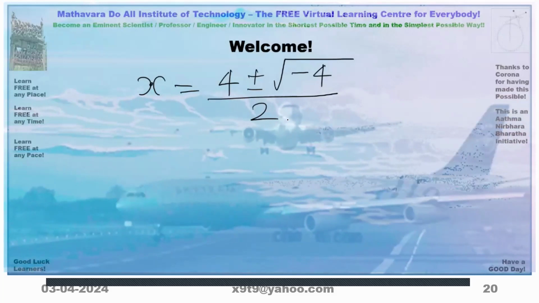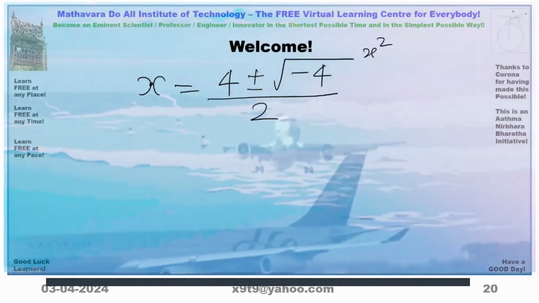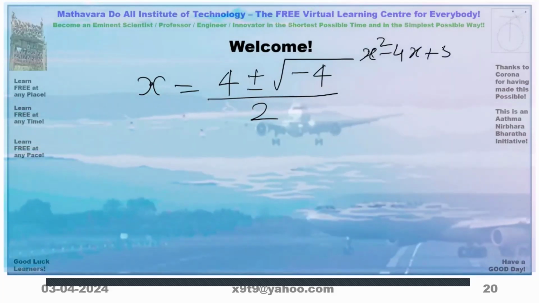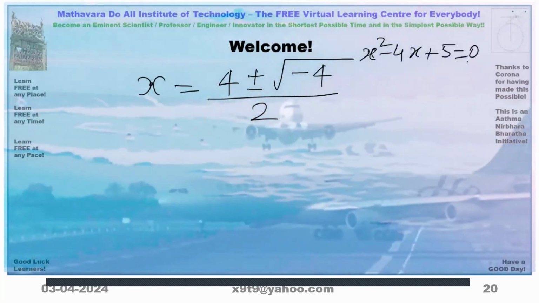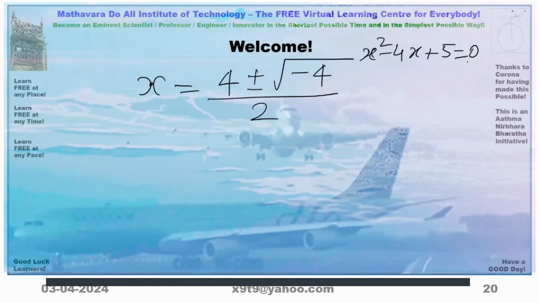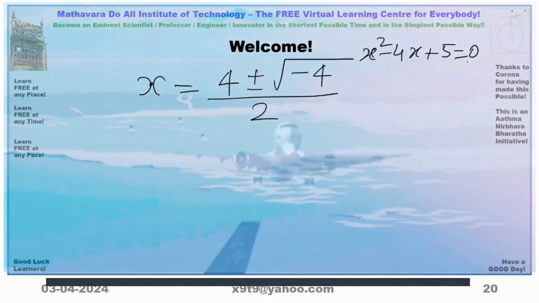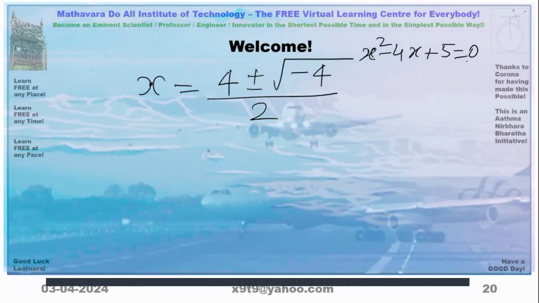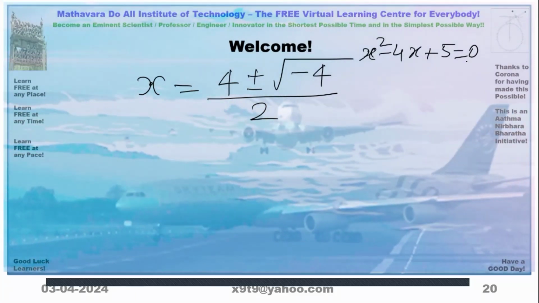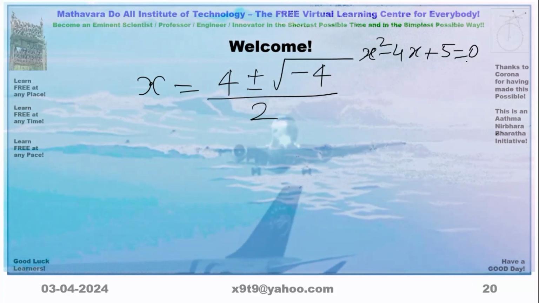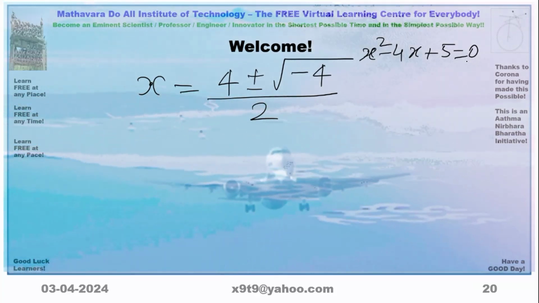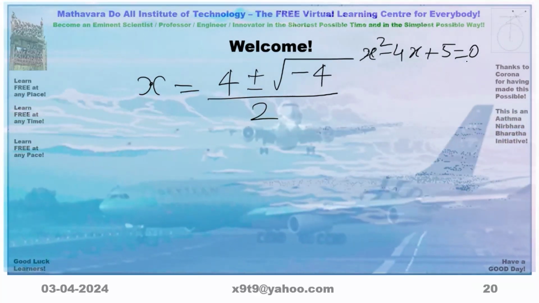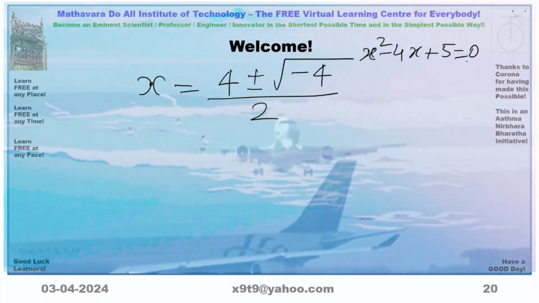How much did we get for this? x square minus 4x plus 5 equal to 0. This is what we get, is it not? Minus b is 4 plus minus root of b square, which is 16, minus 4ac, which is 20. So 16 minus 20 will be minus 4, divided by 2 into 1. This is what we got.